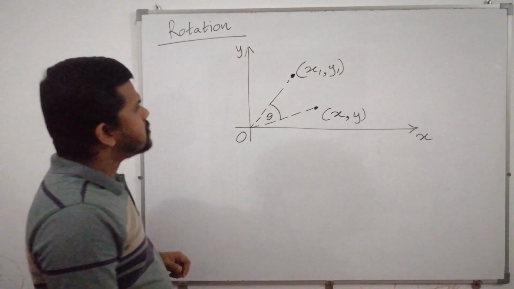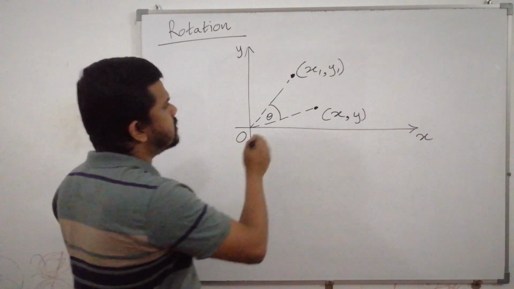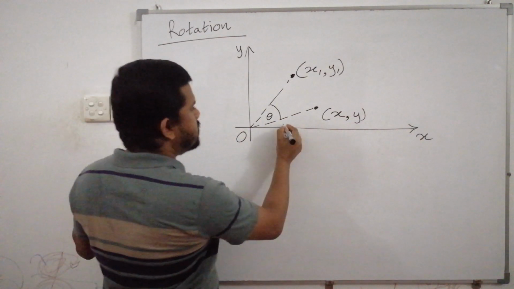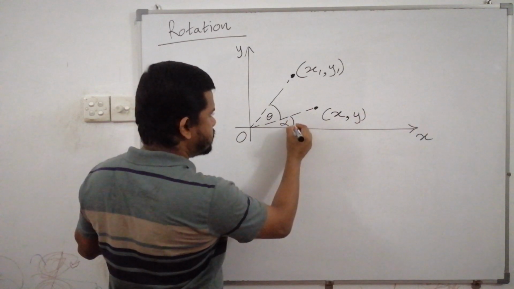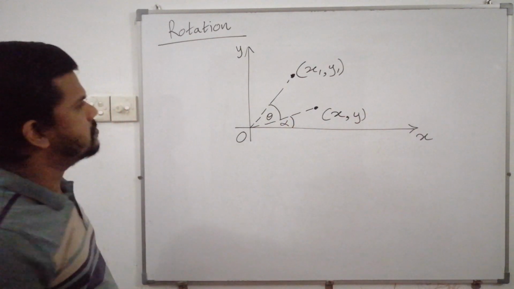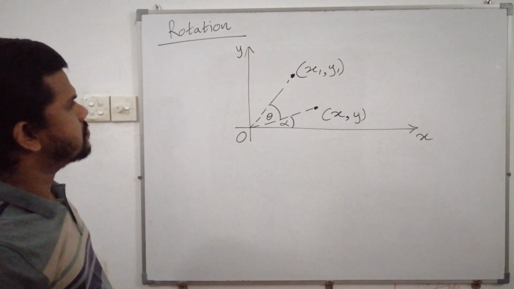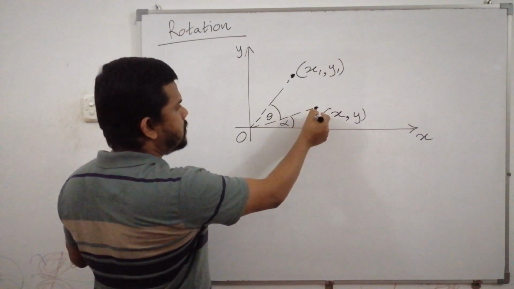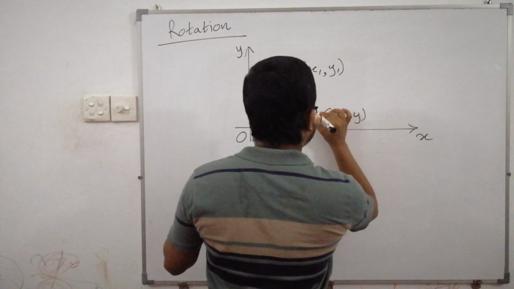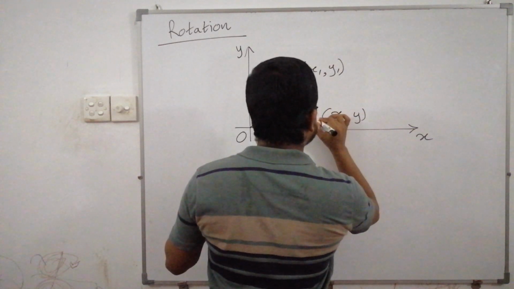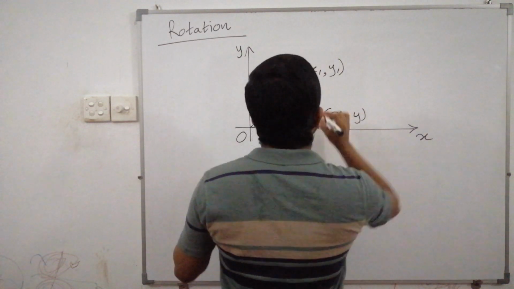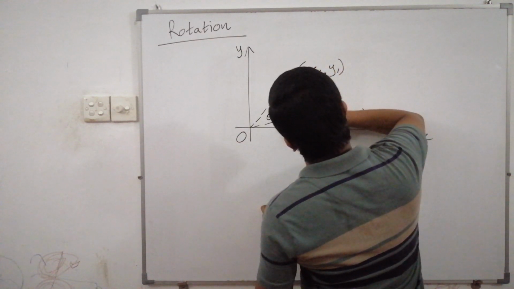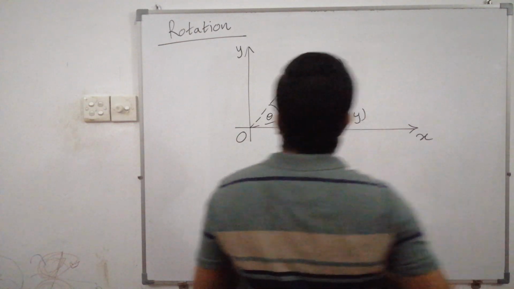So now let's take this angle as alpha. And let's complete these two triangles, this one and this one.